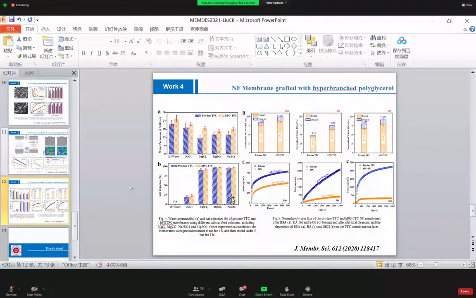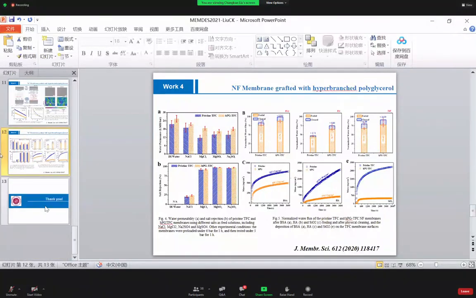Normally in the literature, good anti-fouling performance is achieved with the sacrifice of water flux, as we have to functionalize or immobilize some anti-fouling agents on the surface. So this work shows the significance of nanofiltration membrane preparation with both an increase of water flux as well as anti-fouling performance. Okay, thank you very much.